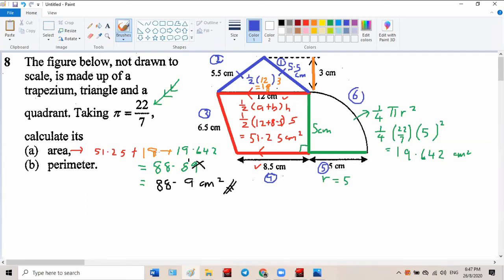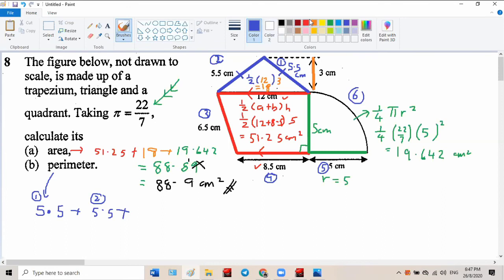Okay. So the perimeter, starting at number 1, is what plus what? 5.5 plus what? Come on. Plus 5.5. Step number 2 is 5.5. See? Plus number 3, 6.5.